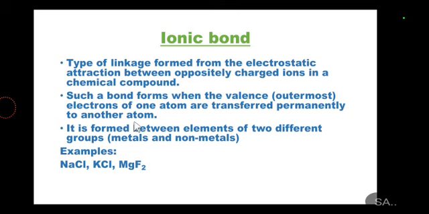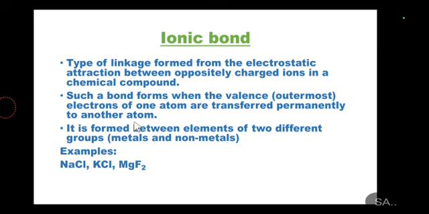It means one atom is going to lose its valence electron and develops a positive charge, while the atom that gains electrons in its valence shell in order to complete its octet or duplet develops a negative charge.